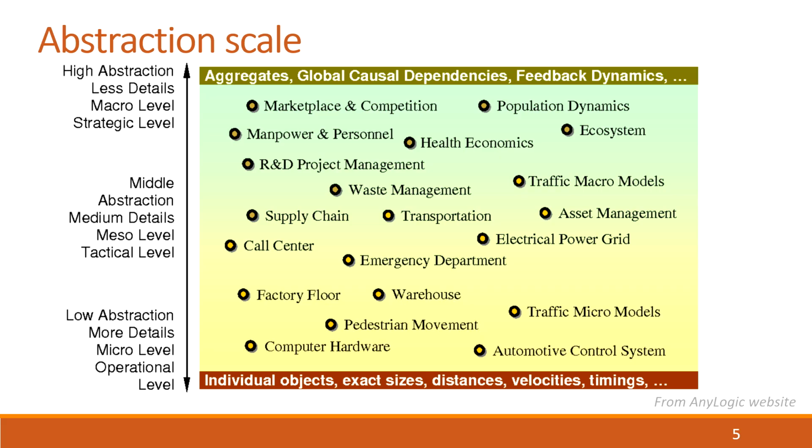As you see, we're still talking about an abstraction scale or simplification scale, but now we see not the specific approaches, but different domains or different types of systems. Of course, the information which is represented here is not the rule.